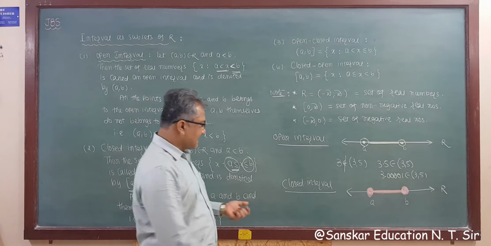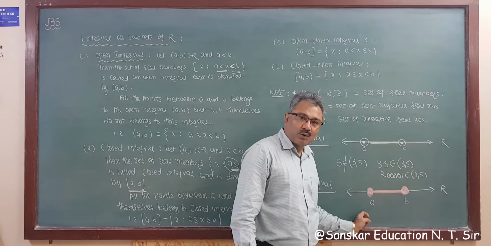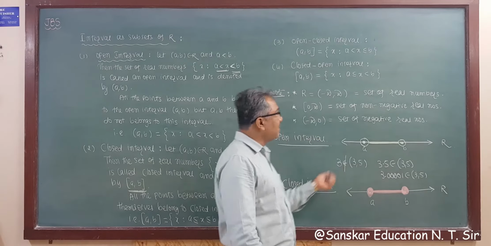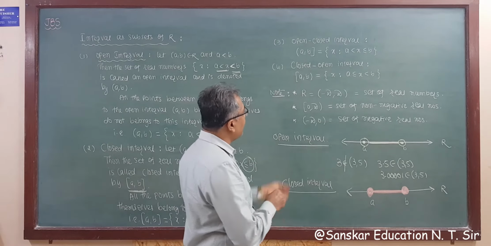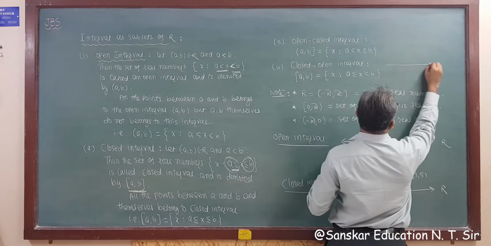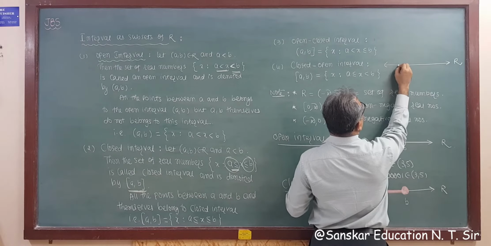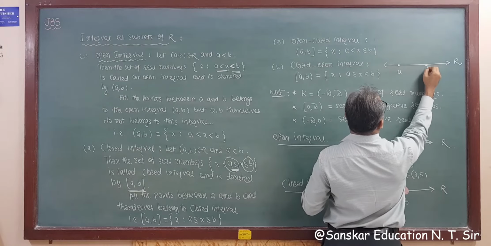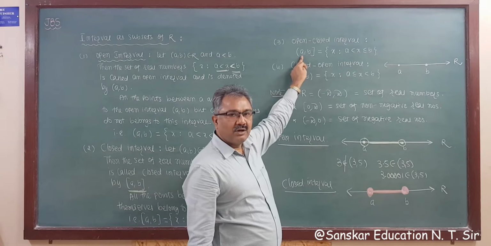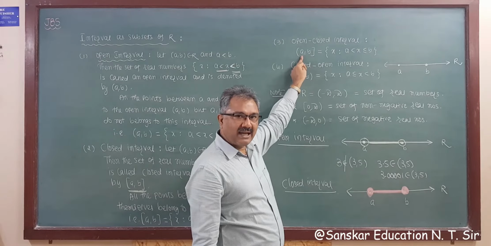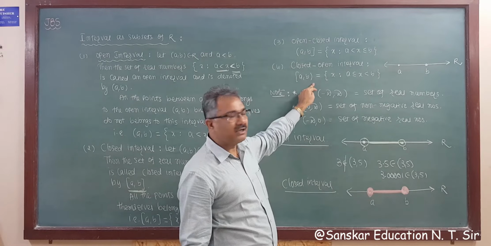Now suppose this end is included and this is not included; then it becomes a closed-open interval. The representation of this interval on the number line is like this. Suppose this is the real number line R, and this is a and this is b. For the open-closed interval, we have to exclude a but include b. For the closed-open interval, we include a but not b.